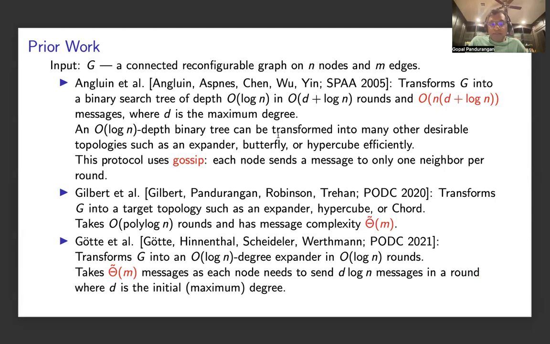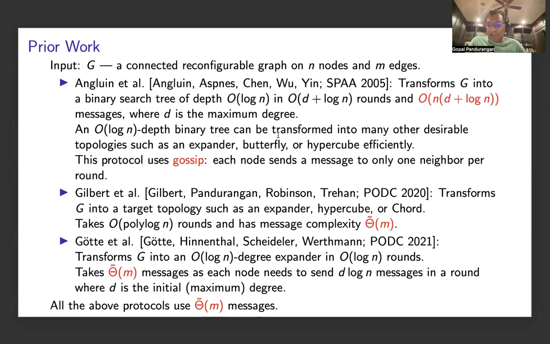But this algorithm again takes almost linear in m messages. The important thing to note is that although all these algorithms are pretty fast, except Angluin et al., because it uses gossip and so it could be slow if D is large, all these algorithms take Theta(m) messages, essentially Theta-tilde(m) messages.